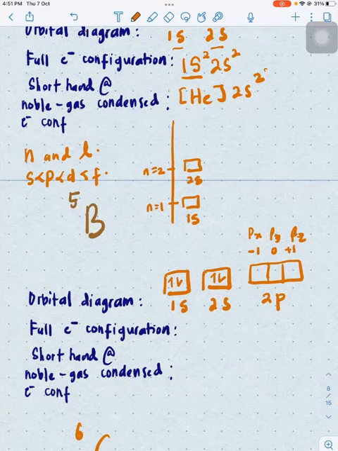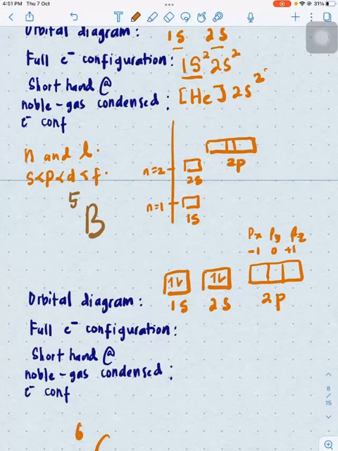So, walaupun 2S dengan 2P are on the same level, pada tingkat yang sama, tetapi mungkin disebabkan oleh shape P tu, dia ada paras tenaga yang lebih tinggi daripada S. So, you will see that 2P will be slightly higher than 2S. Itulah susunan dia, bermaksudnya daripada Aufbau diagram tadi, 1S followed by 2S and then slightly higher than 2S, kita akan jumpa 2P.